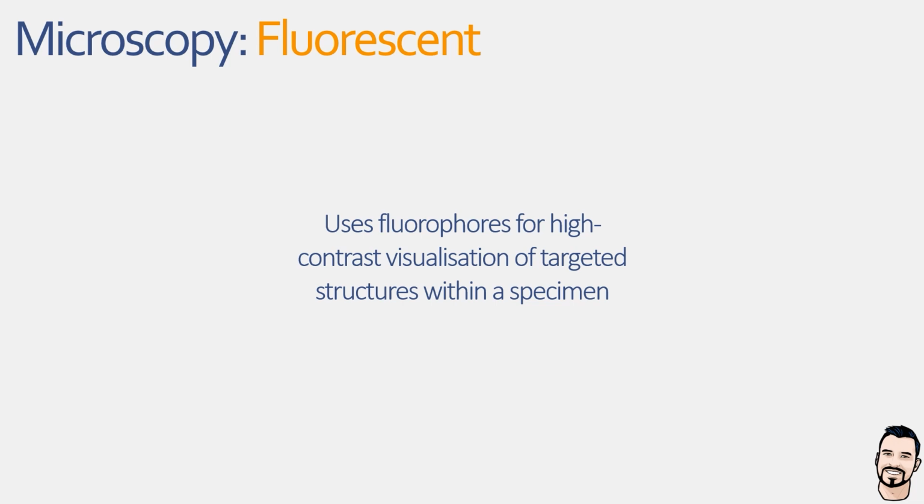And when this is exposed to light of a very specific wavelength, the fluorophore's electrons absorb this energy and move to a higher energy state. As they return to a lower energy state, they emit light at a longer wavelength, producing fluorescence we see in an image. Now, this technique provides high specificity, allowing us to highlight individual cellular components with exceptional clarity.